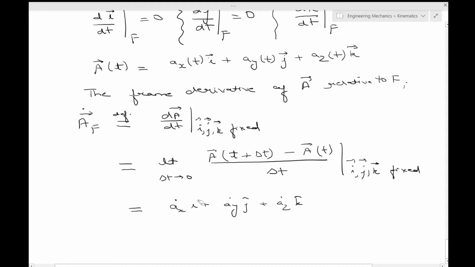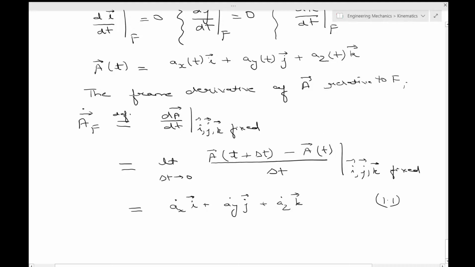I have this habit of drawing a hat over a unit vector, which is actually correct, but I don't want to use it over here just to be consistent with the notation in your text. So this is equation 1.1, the time derivative of A with respect to this frame F where i, j, k are all fixed.